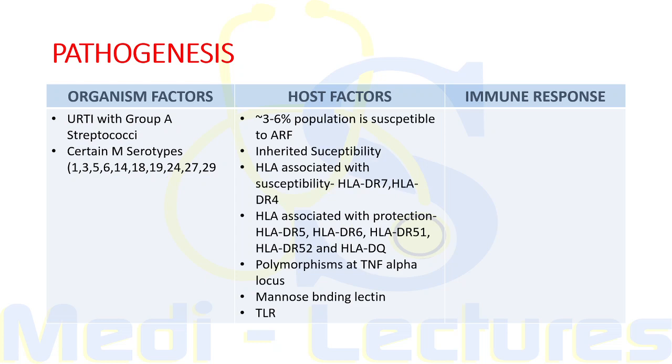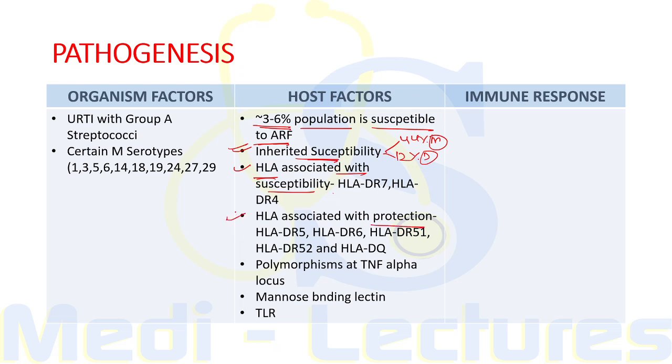Now when we consider the host factors, approximately 3 to 6% of population of any area is susceptible to acute rheumatic fever. There is also an inherited susceptibility, as there is 44% concordance in monozygotic twins as compared to only 12% in dizygotic twins. Also, there is certain HLA associated with susceptibility while others are associated with protection.